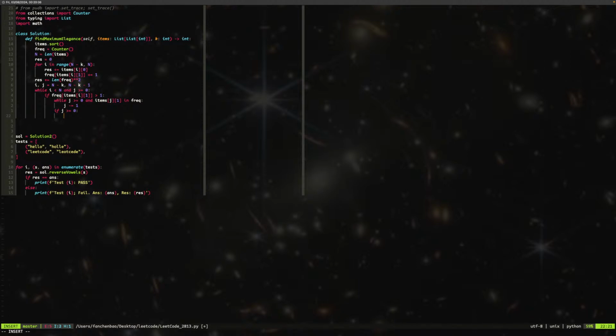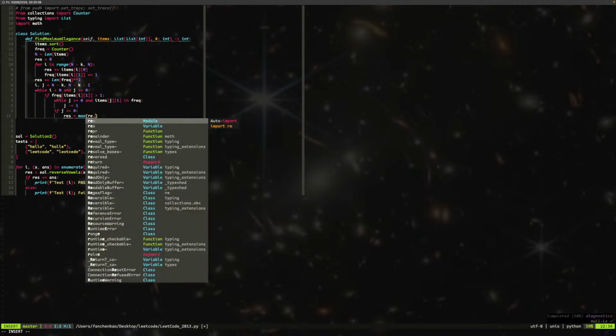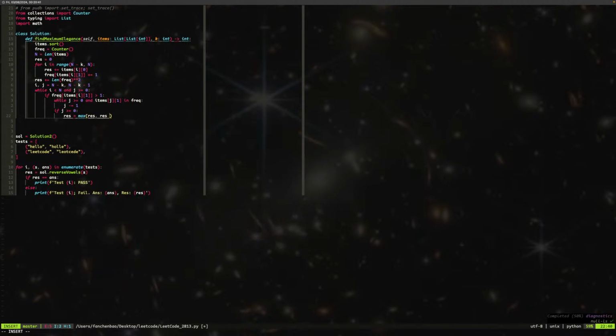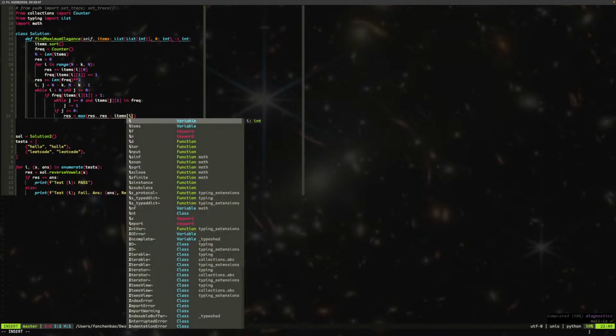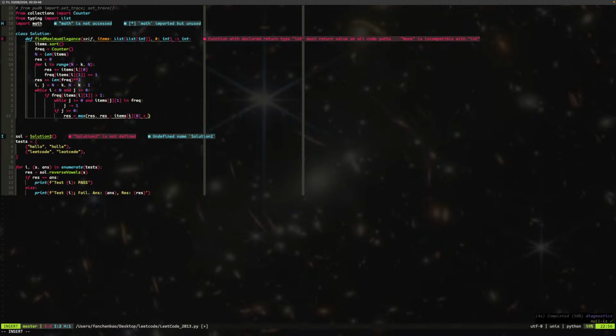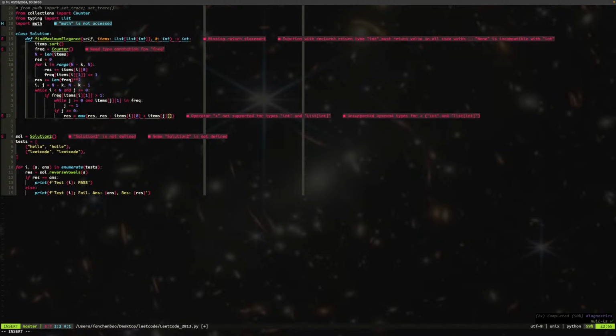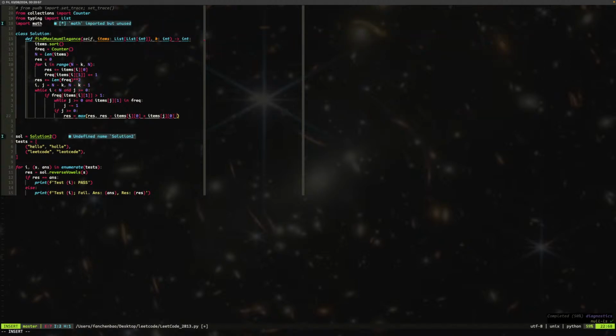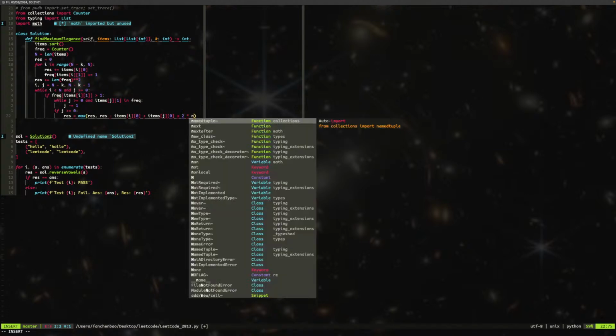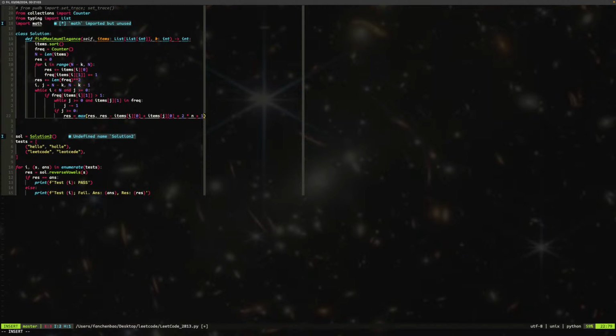We basically say the res shall equal the maximum of res. It will basically add or minus, because I remove items i 0, I will plus items j 0, and plus 2 times n plus 1.